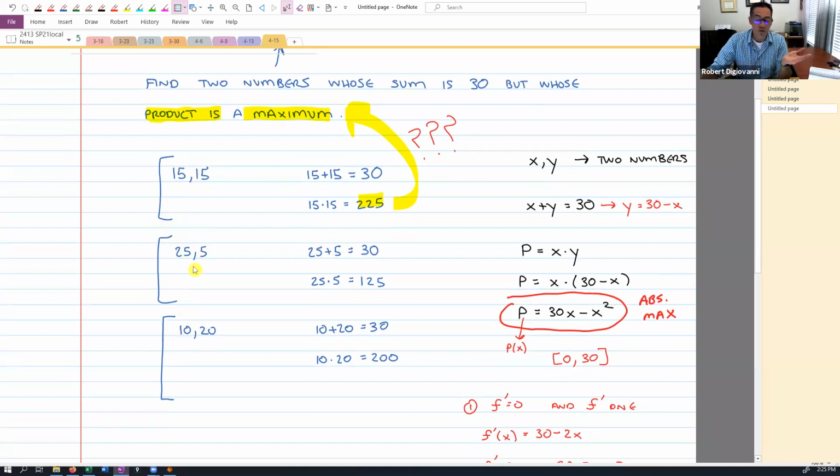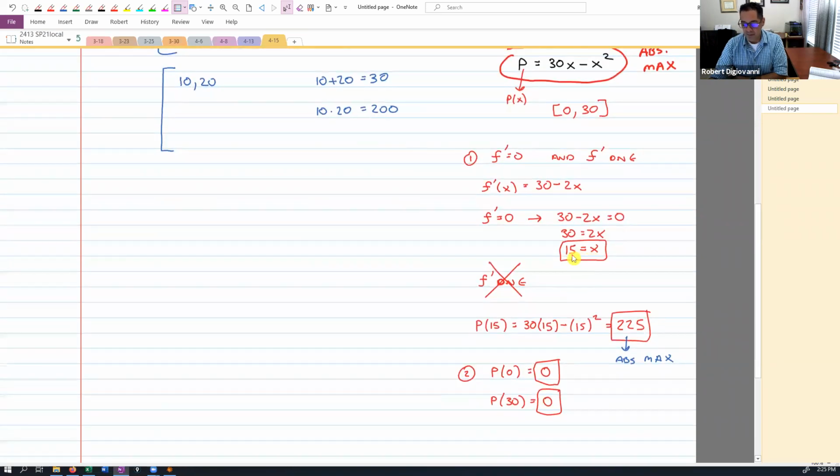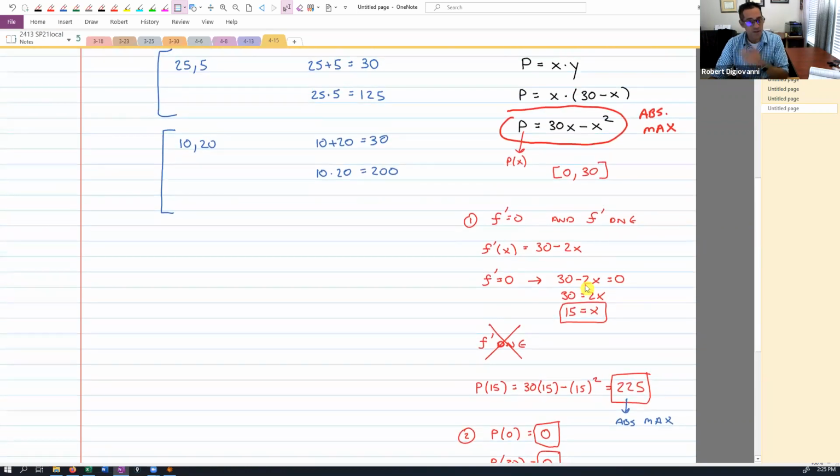And one of you could sit here and argue, well, I think it's 15, 15. And someone else could say, no, there might be some other numbers. Y'all can sit here and debate all day long. The math is the truth, okay? The math shows us that 15, x being 15, which means that y would have to be 15, is the maximum product you're ever going to get. That makes sense? There's no arguing about it anymore.